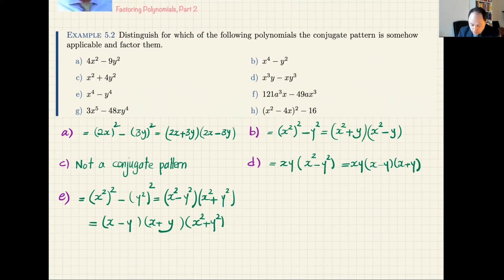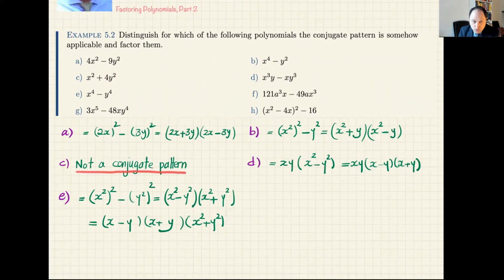Okay. It's the sum of two completed squares. Okay, and that is exactly why this was not a conjugate pattern. You see, the answer to part C, I wrote it is not a conjugate pattern. The reason is that this is the sum of two completed squares.